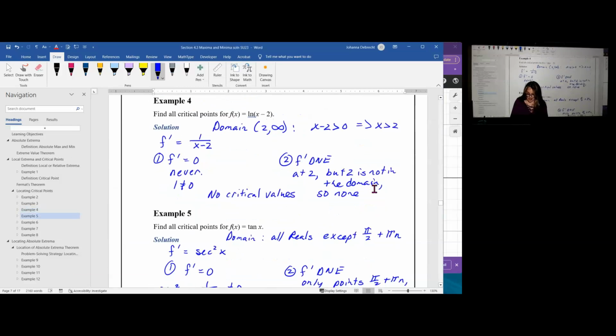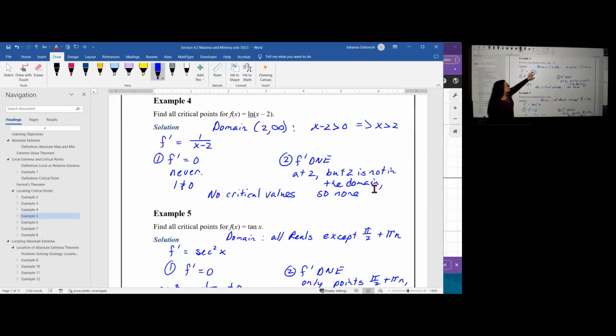This involves the natural log function, which has a restricted domain. Start by finding the domain of the function, because if it's not defined there, it can't possibly be a critical point. The argument to a natural log must be strictly positive, so we set the argument greater than 0 and solve to get a domain from 2 to infinity, open.